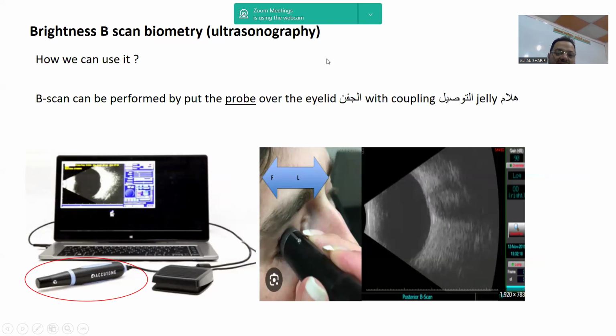Here, let's take a specific idea about the brightness B-scan biometry and how we can use it. B-scan can be performed by putting the probe, this is the probe, on your eyes over the eyelid, with coupling jelly.